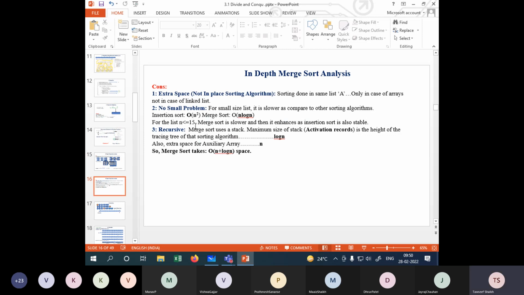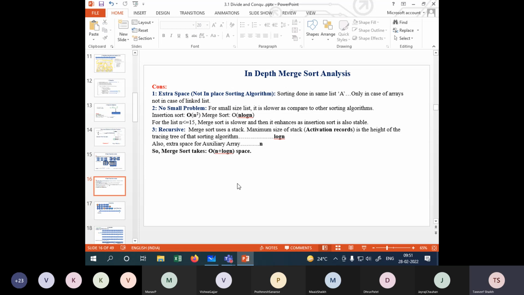Now, another disadvantage is that if we have a data array to sort that is of small size, merge sort does not perform well. It will give you the results in sorted order, but it will take more time compared to its other competitors in the market.